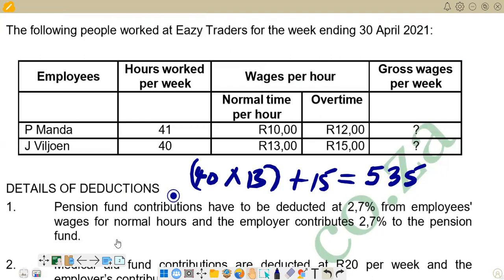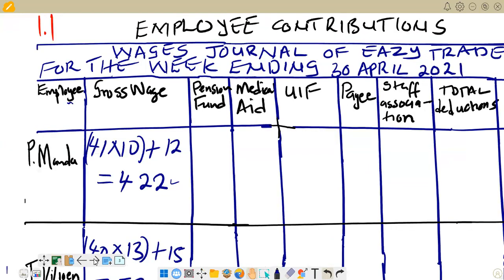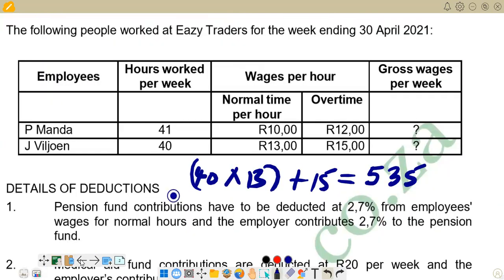So if you go back there, it means for what we are going to do for P Manda, we say 0.027, because remember we have 2.7%. 2.7% here is a decimal.